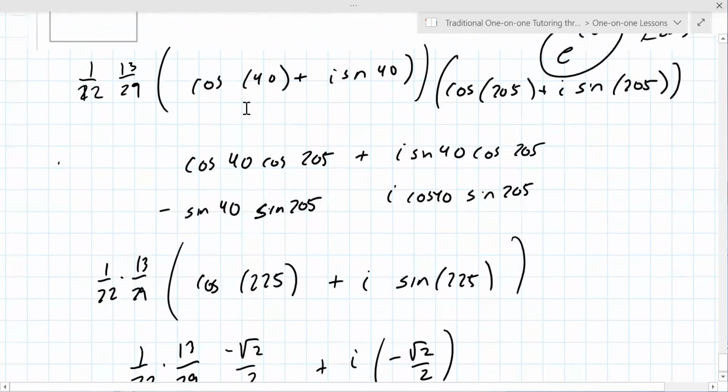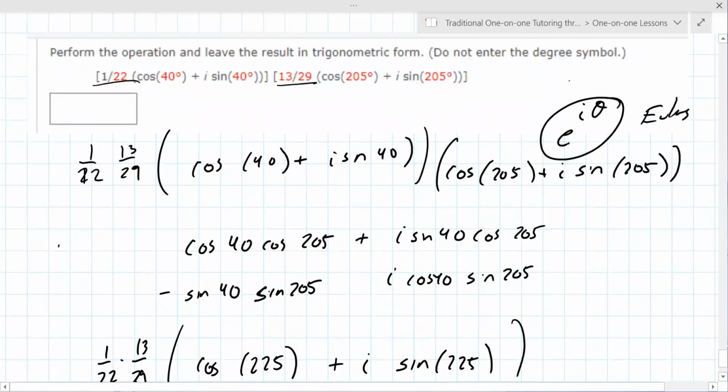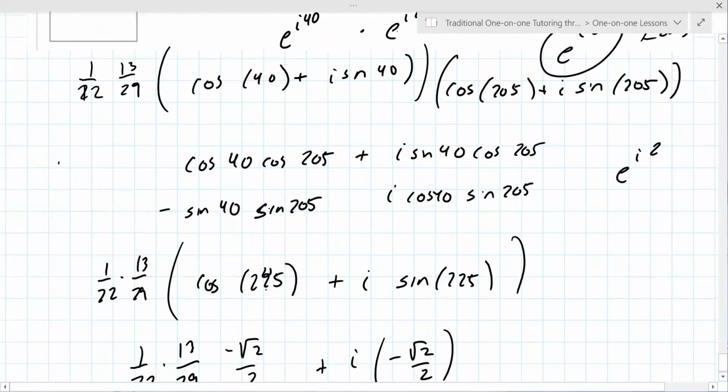Very briefly, the reason this is so important is because this is e to the i 40 times e to the i 225. And when the bases are the same, you add the exponents, so you get e to the i, sorry, this is 205. Did I give you the wrong angle? This is 245, isn't it?